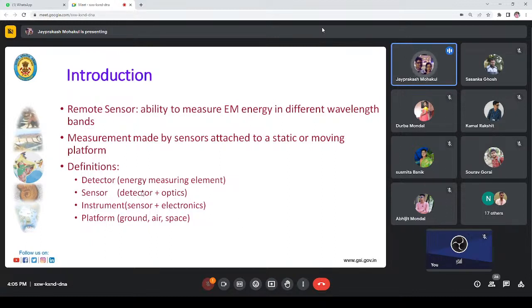Then you have the whole lot of electronic instruments which convert this signal into a measurable quantity. When light energy falls on a detector, it creates an electrical energy. That electrical energy is scaled or amplified depending upon the kind of satellite or sensor you have.